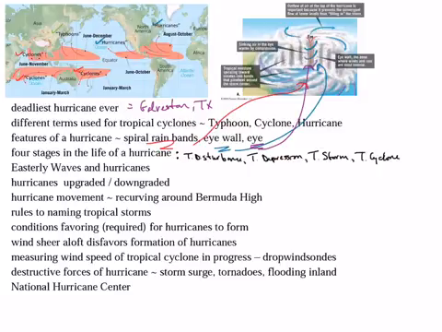Anyway, the first stage is a tropical disturbance, followed by a tropical depression, followed by a tropical storm where it gets named, followed by a tropical cyclone. And we call tropical cyclones hurricanes. So those are the 4 stages in the life cycle of a hurricane.